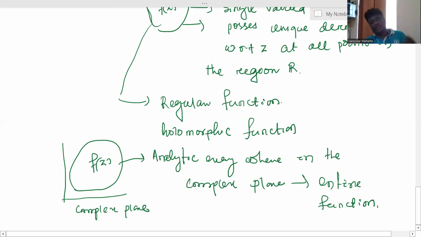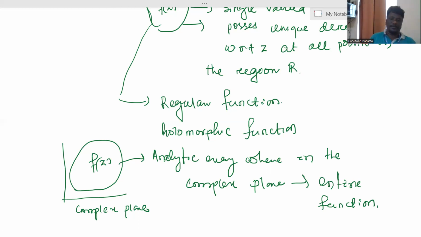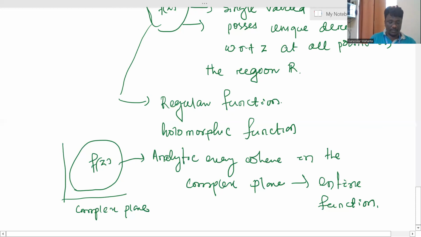Just remember, if f of z is analytic everywhere in the complex plane, it is known as an entire function.